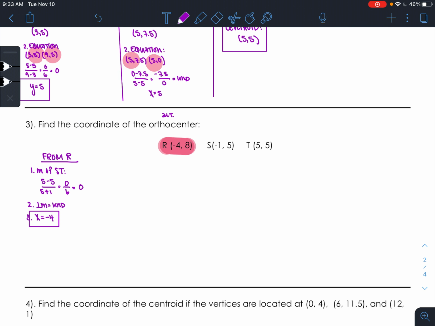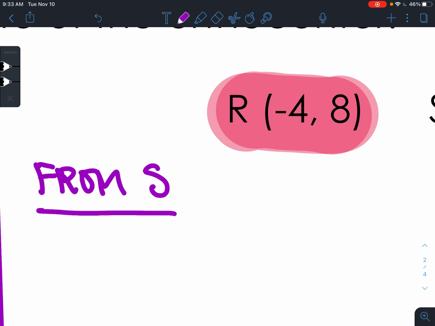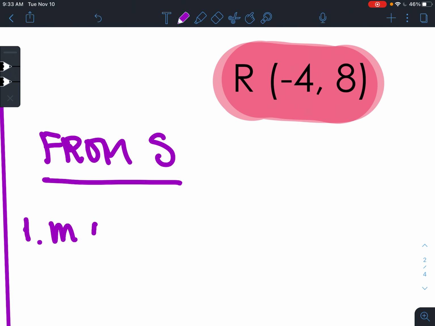Okay, let's now go from another point. All right, so let's now write an altitude from, let's go from S. Okay, and so what that means is I need to find my slope of RT.